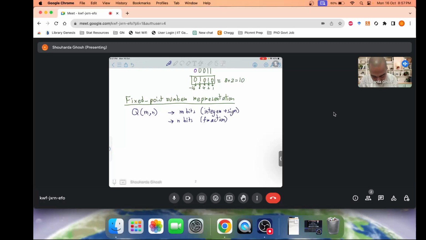So how do I denote this? Q m minus 1, Q m minus 2, Q m minus 3, down to Q2, Q1, Q0, then the decimal point, and then here enters the fractional portion, down to Qn.